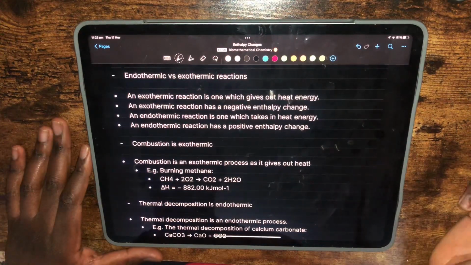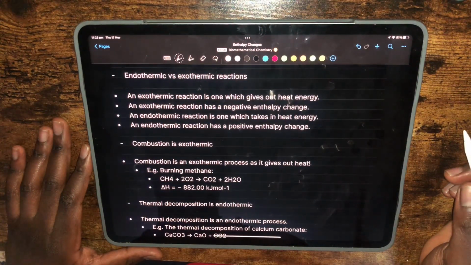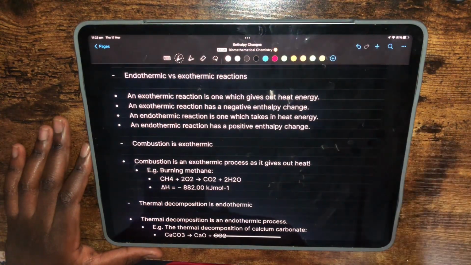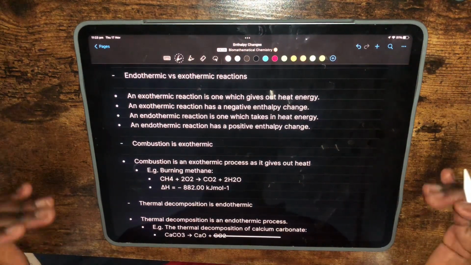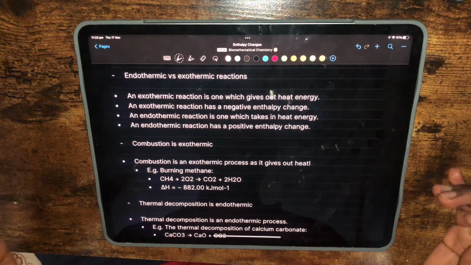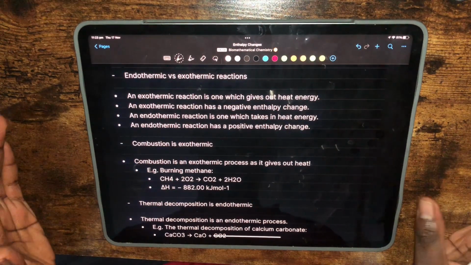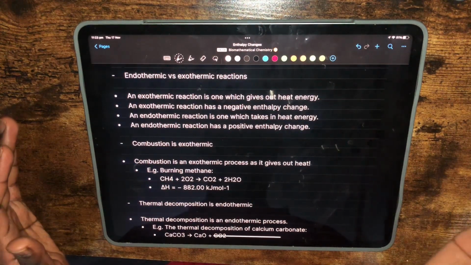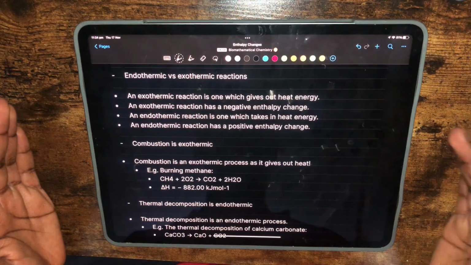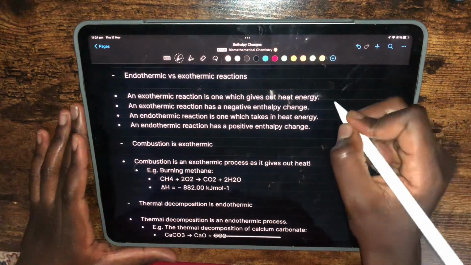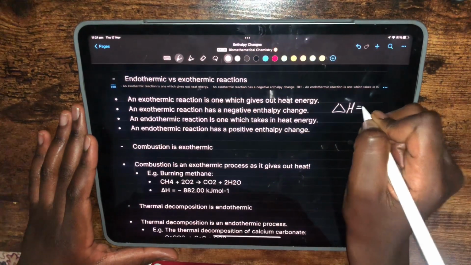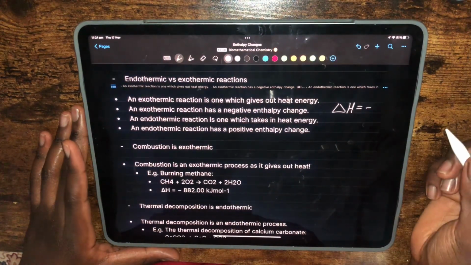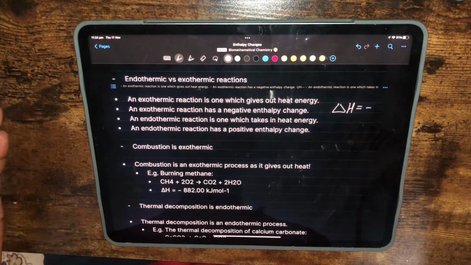So when we're talking about exothermic reactions, think of these as a net. The overall process of the reaction, once you've totted up everything, will be more negative than positive. So we describe it as having a negative value for delta H, because more energy is leaving the system or leaving the reaction than being taken in.